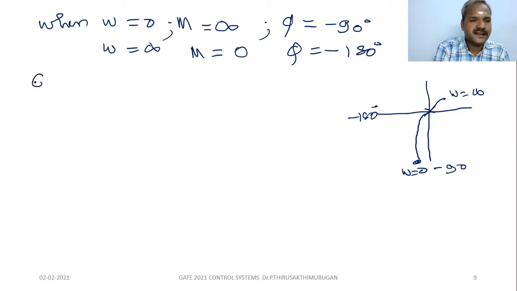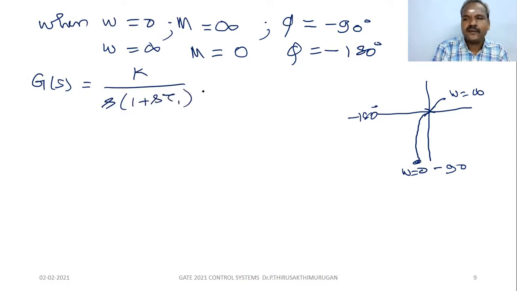Next we consider G of S equal to K divided by S into (1 plus S tau 1)(1 plus S tau 2), where we add one more first order factor.